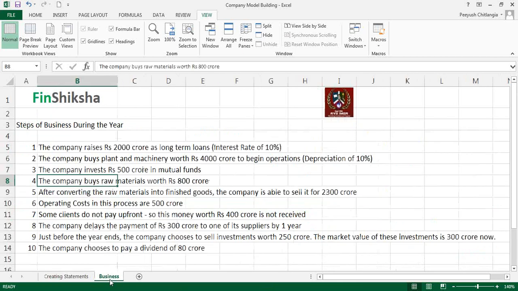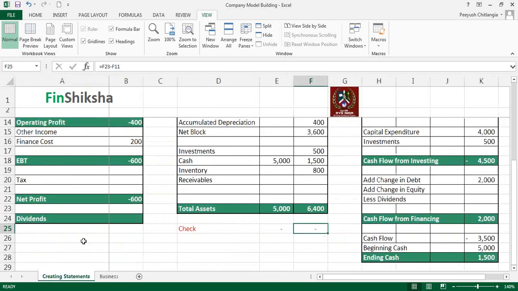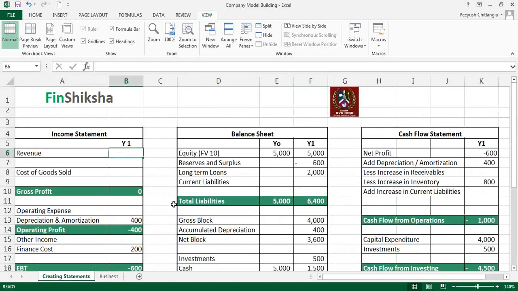Let's look at the next part of the business, which is after converting these raw materials into finished goods, the company is able to sell it for 2300 crore. Now, two things should happen. One, you should generate a revenue of 2300 crore, correct? And the cost of these goods sold is 800 crore.